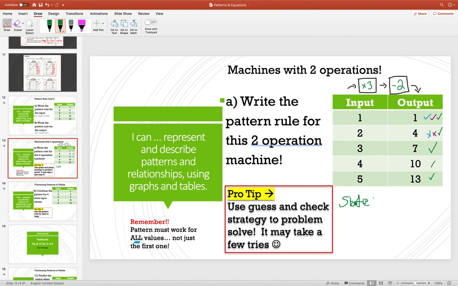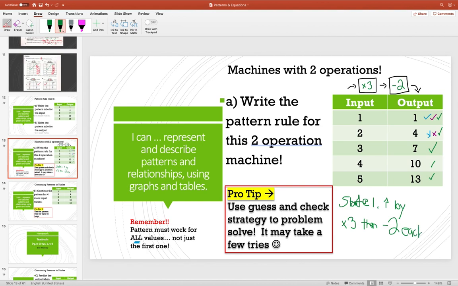Now I'm going to say start at 1, and overall my pattern is increase, so I'm going to increase by multiplying, so I can just say this, times by 3, because I have to do both, then subtract 2 each time.